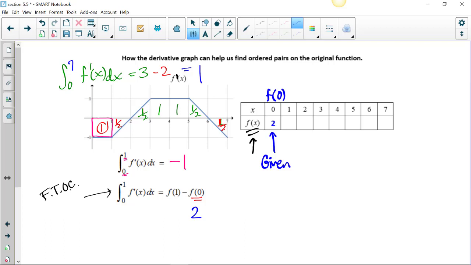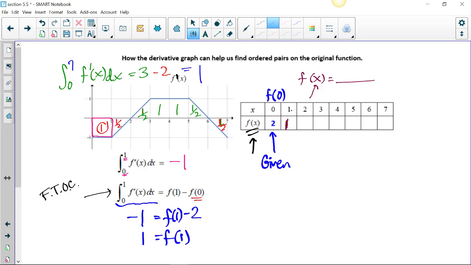You have to be given that value, otherwise you can't do this. All right, and then I just found this is negative 1. So I know the two of those, and I can find f of 1, the function value at 1. So I add 2 to both sides, and I get negative 1 plus 2 is 1. Awesome. So if I knew the function, and I plugged 1 into that function, I would get 1.